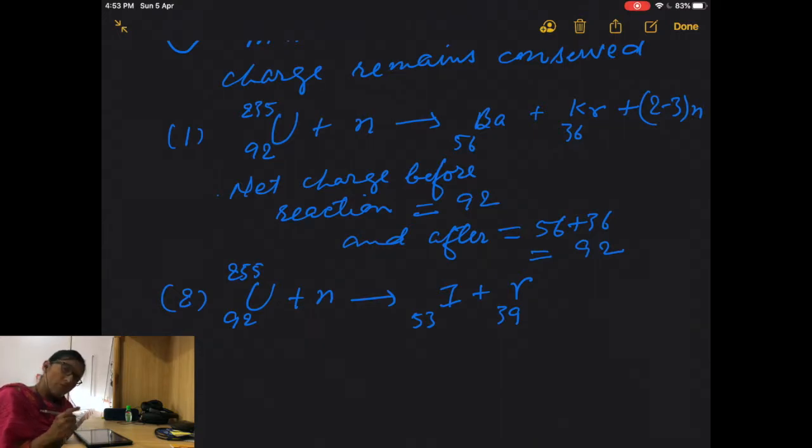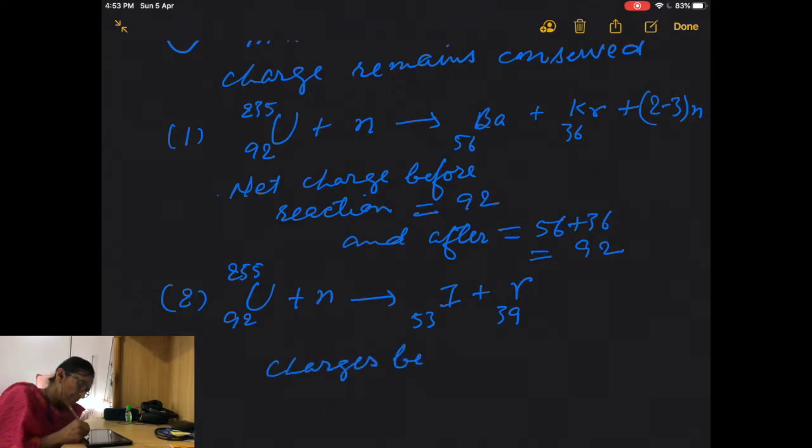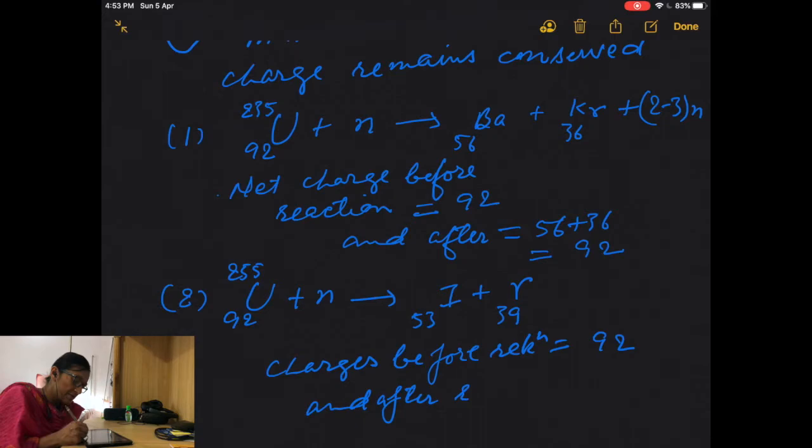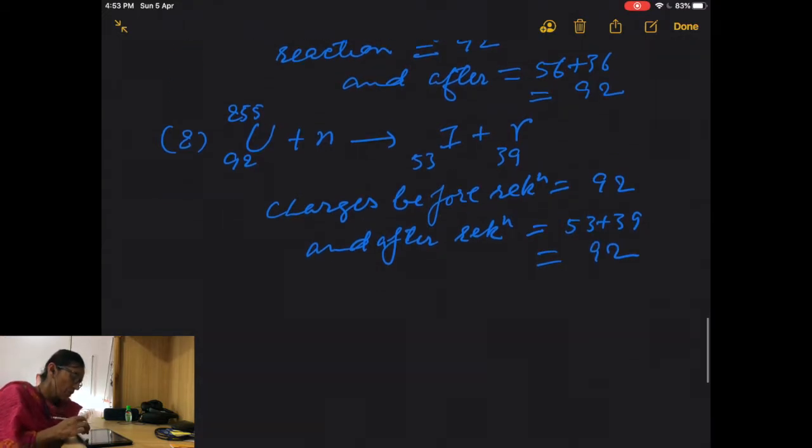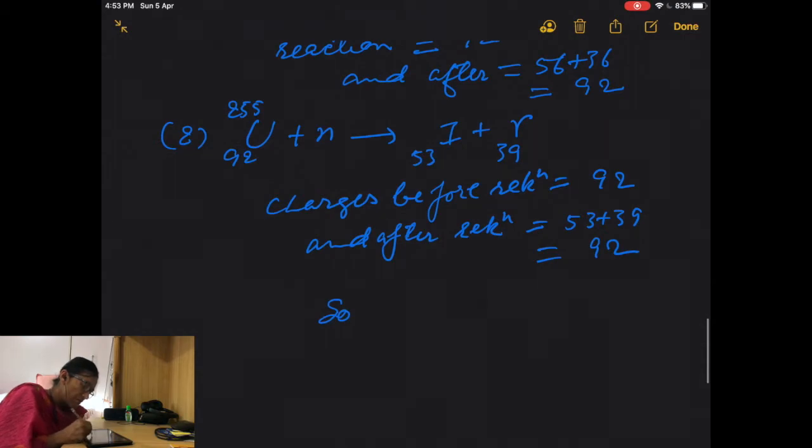So here also we can see that charge before the nuclear reaction is equal to 92, and after reaction it is equal to 53 plus 39, and it equals 92. So charge remains conserved.